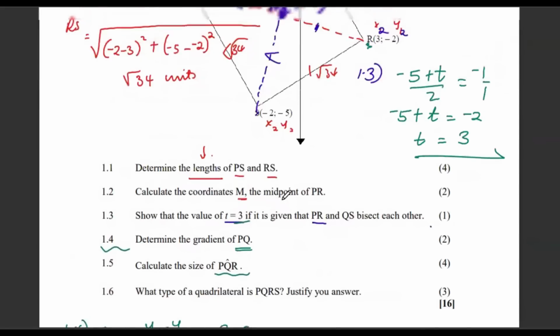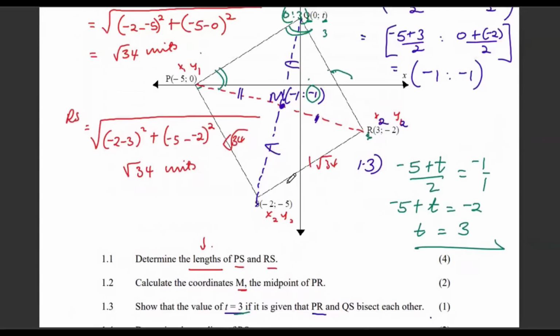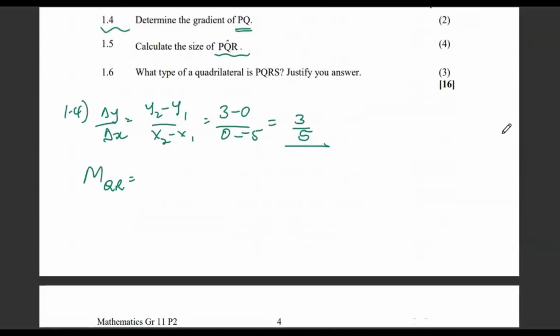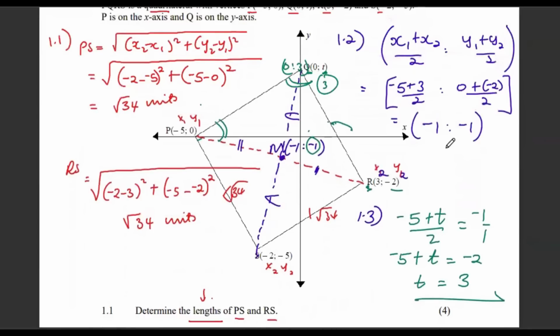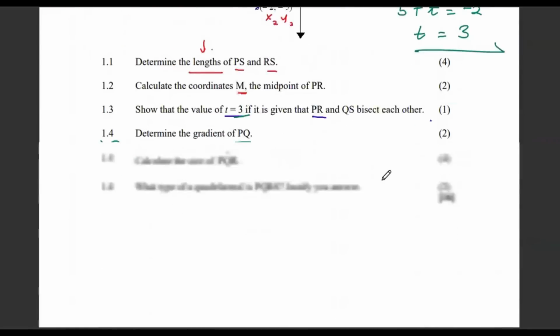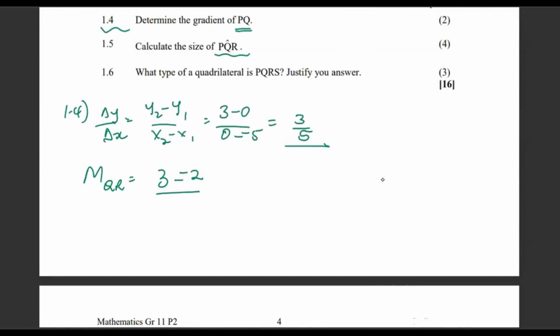So we're going to use the same formula, change in Y over change in X. So this is going to be the Y2, which is a 3, minus minus 2, over the 0 minus 3. So that's going to be 5 over negative 3.